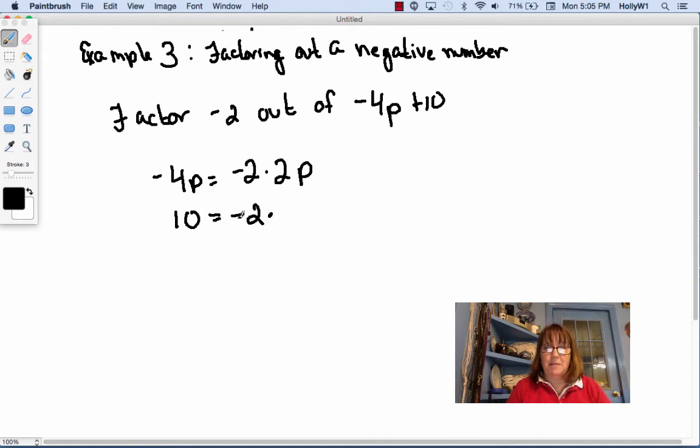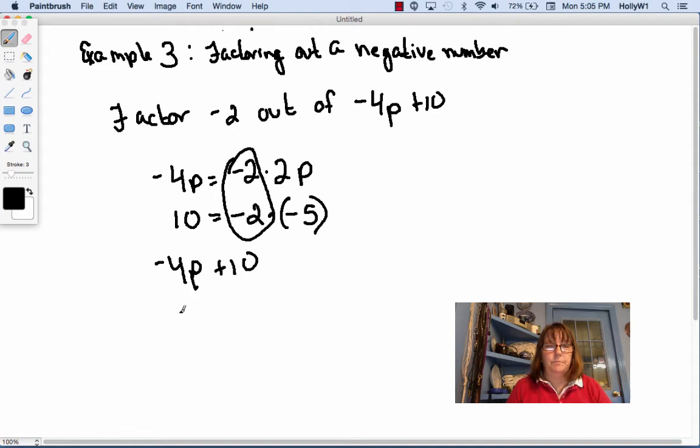Since 10 is positive and -2 is negative, the number has to be negative. 5 times 2 is 10, and a negative times a negative is a positive. So now that we know we're factoring out the -2, we can say -4p plus 10 with -2 on the outside.